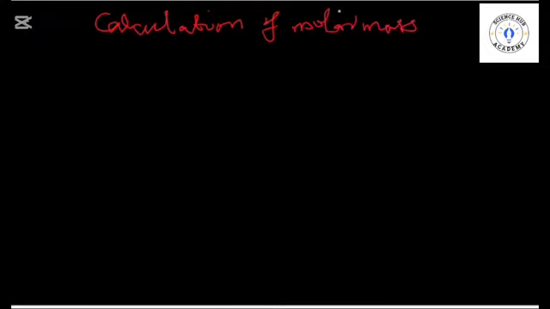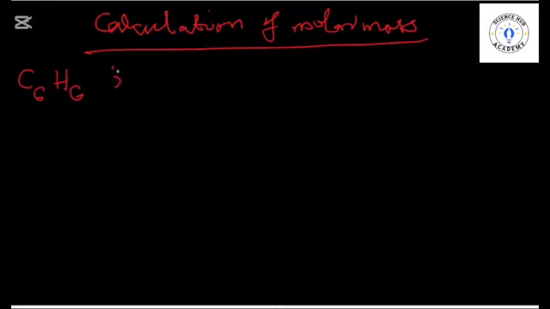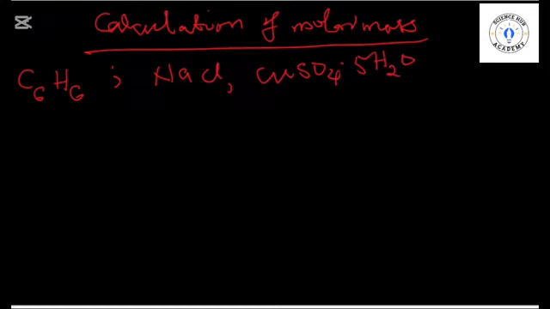Calculation of molar masses and percentage abundance. So if I have something like C6H6 and I'm told to calculate the molar masses of C6H6, NaCl, right, and CuSO4.5H2O, let me start with this quickly.